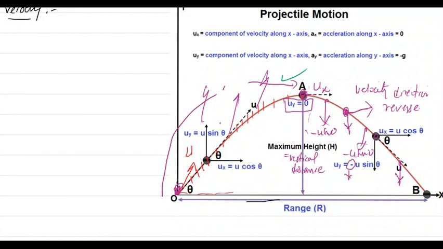In some textbooks and notes, many people don't use this minus sign. They just take uy equal to u sine of theta. Both options are used, but the perfect way is to mention the negative sign. If there is no negative sign, you don't need to bother about it, because it's understood that the direction has changed.